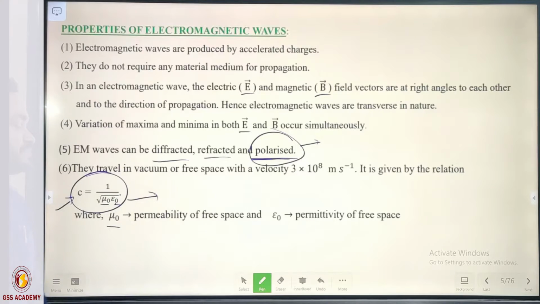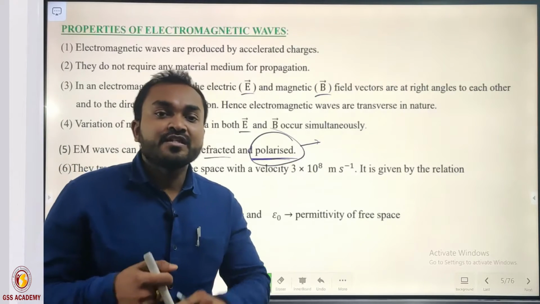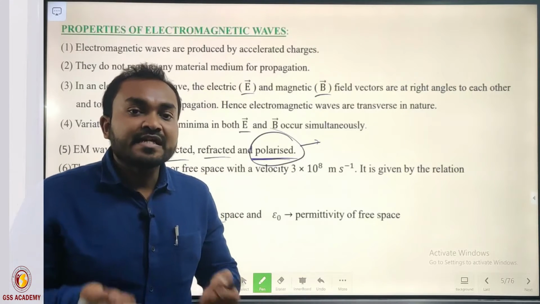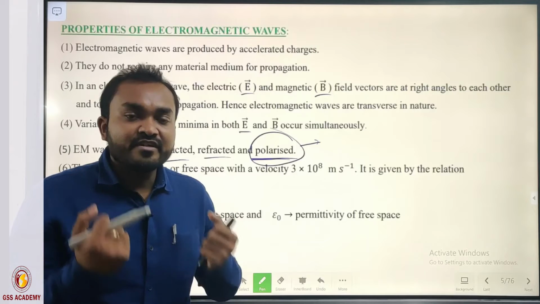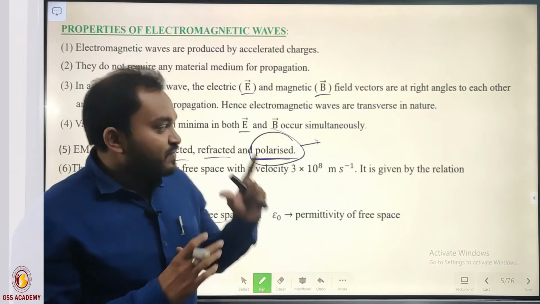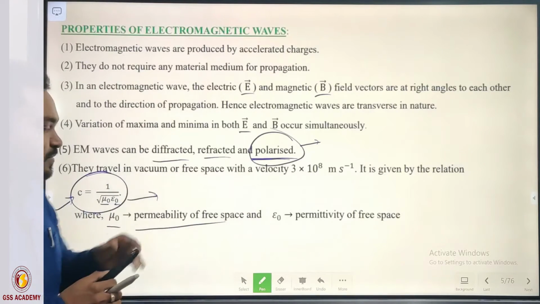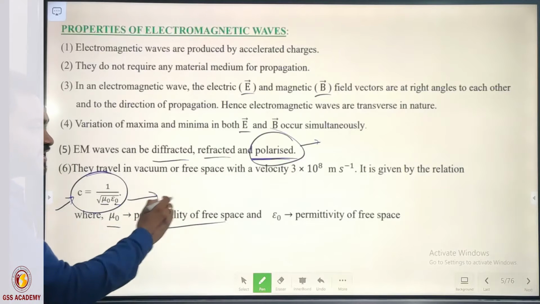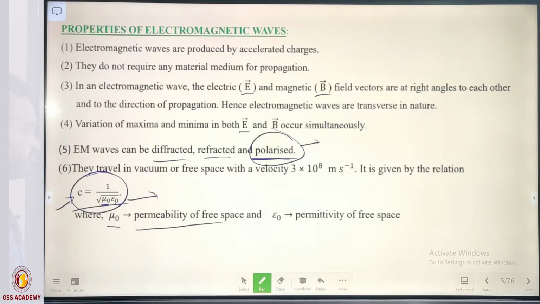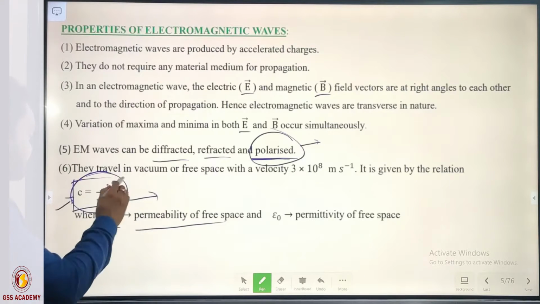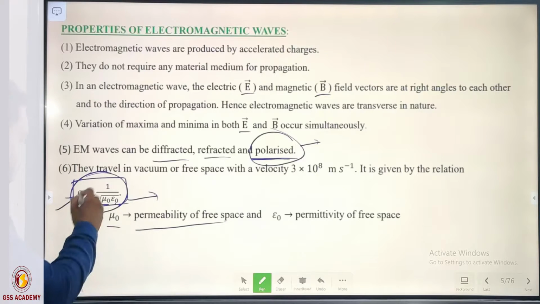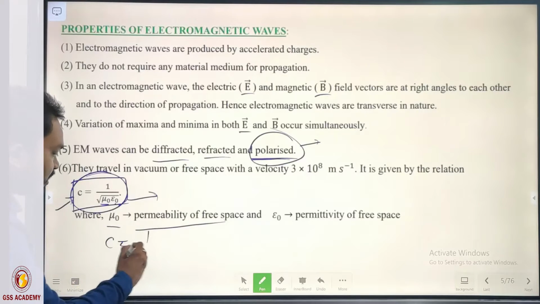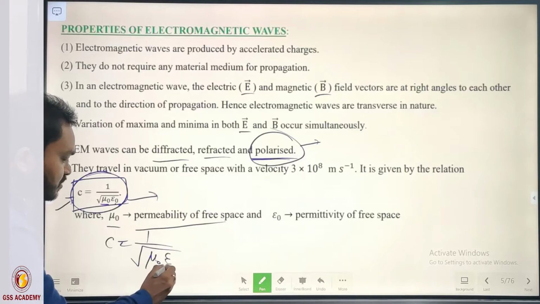What are this permeability and permittivity? When we discuss Maxwell's equations, I will describe it very clearly. But first you should know how you get this velocity. You can find it by this equation: C equals 1 by under root mu 0 epsilon 0.